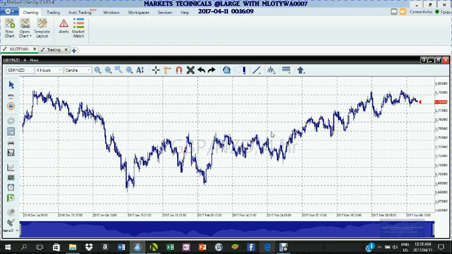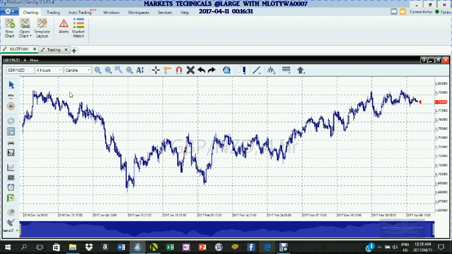As usual, we are going to do technical analysis of the foreign exchange market, and this morning we are going to be busy with the Great British Pound against the New Zealand dollar. Our time frame is 4 hours, and we are dealing with candlesticks.